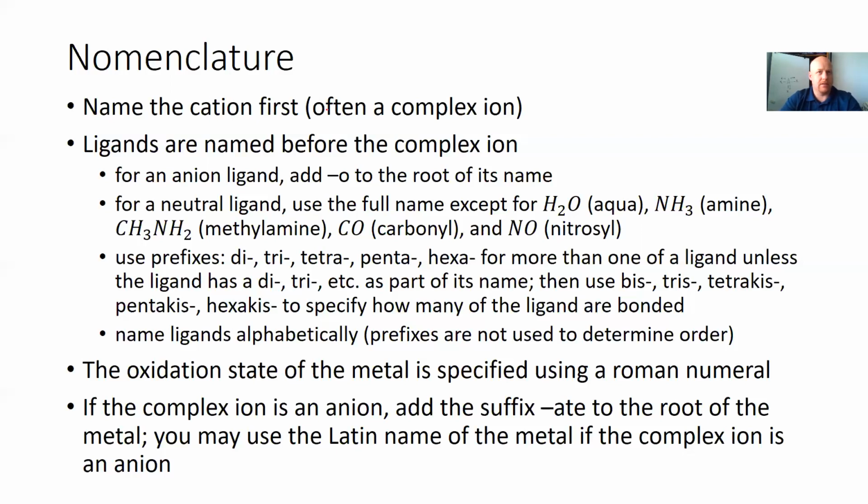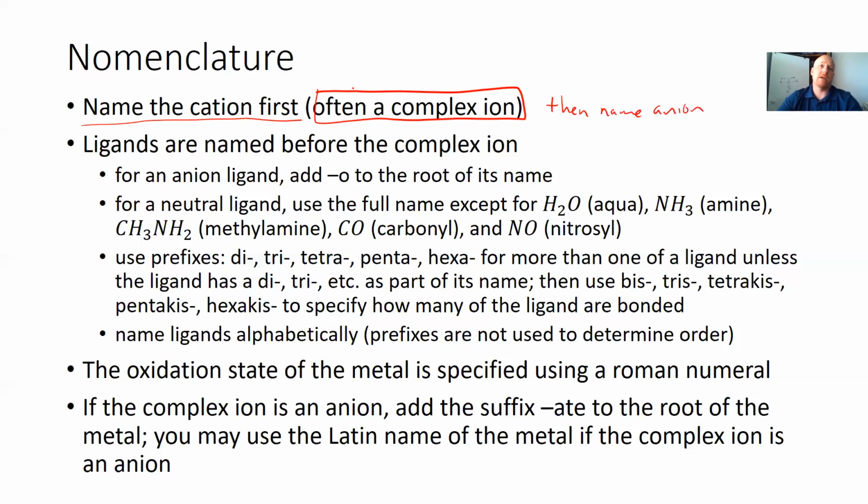So, a little bit of nomenclature. There are going to be some similarities to things you've done in the past. For example, we're always going to name the cation first. Sometimes that cation is a complex ion, and so we name the whole complex ion as the cation. Then we're going to name the anion.